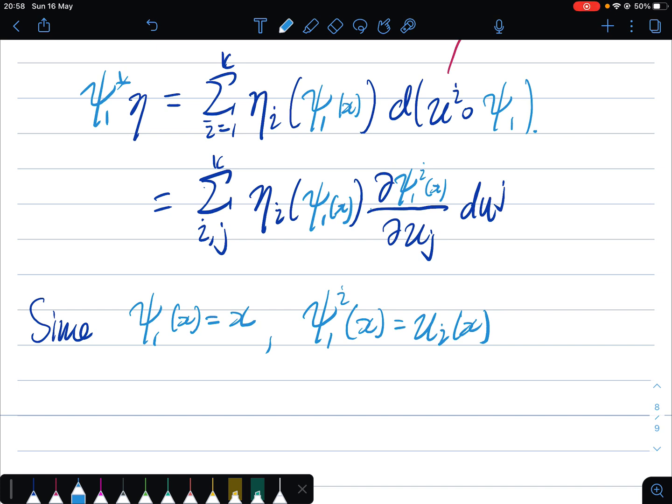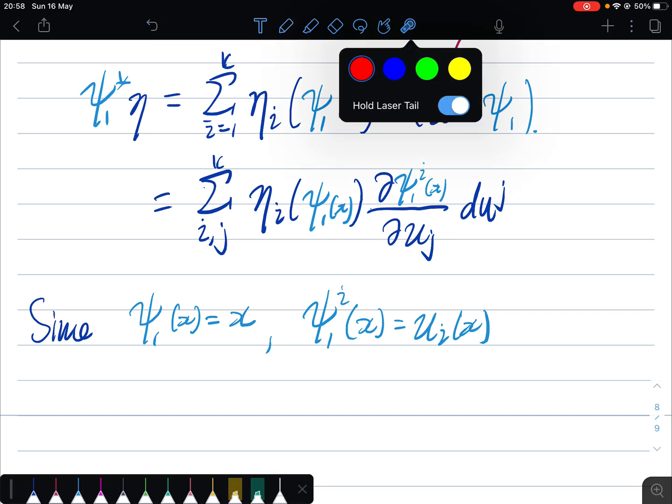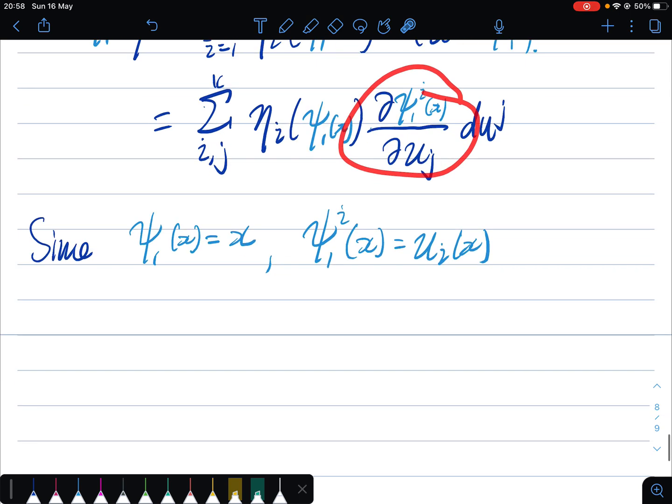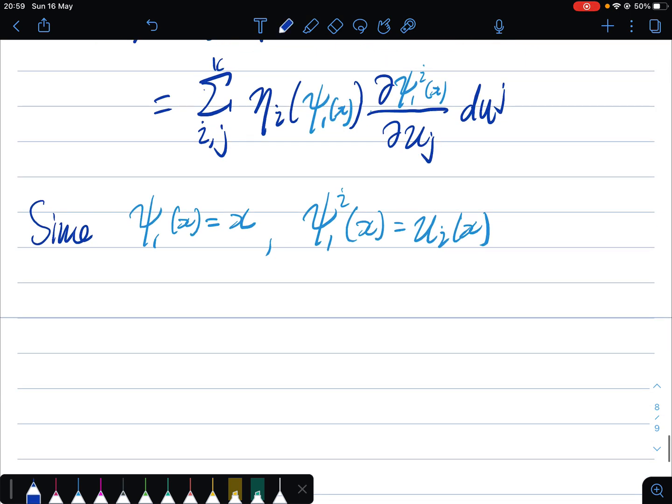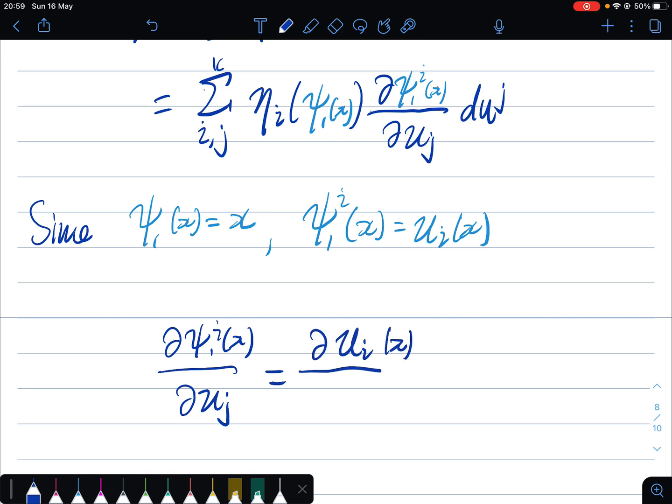Therefore, we get duj. Actually, it's just taking the i coordinate of x of duj, so it's just delta ij.